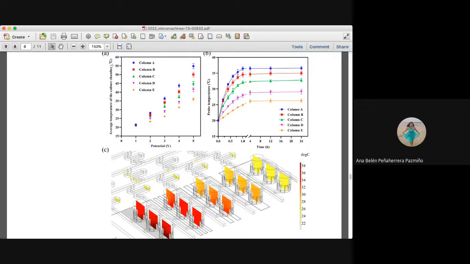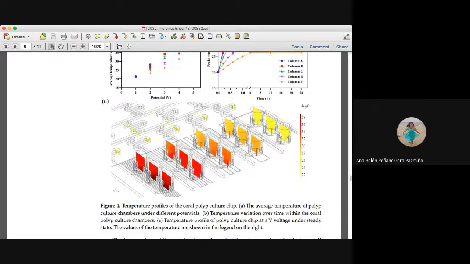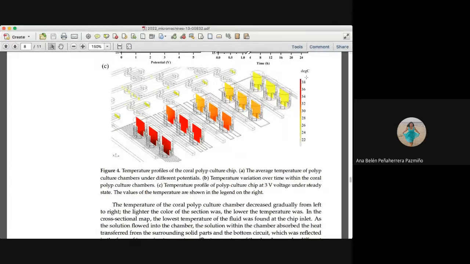So that is going to be the temperature in which the polyps will bleach. So that is also a good model to study the bleaching of the polyps. And the rest with higher voltages are not going to be used because if that's too high, that will damage the polyps.